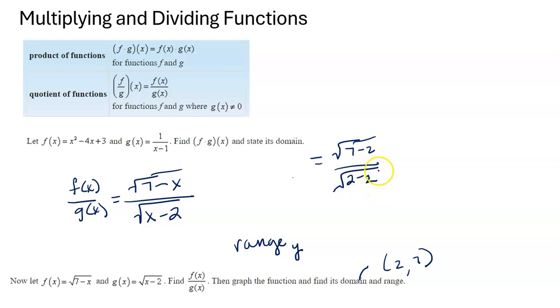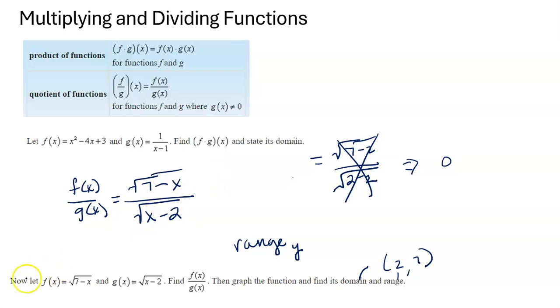Oh, it can't be equal to 2, because that means that's 0, so that's a non. But if I plug in 7, I get 0, which is perfectly fine. So I believe that would be the range as well. I will double check, but I believe. Okay, let's go to the next page.